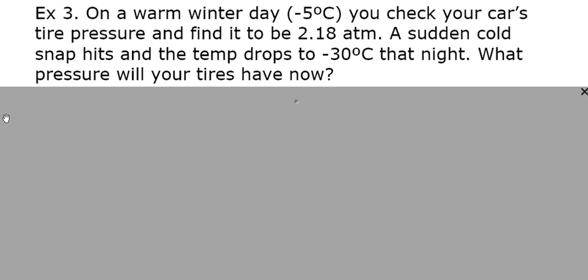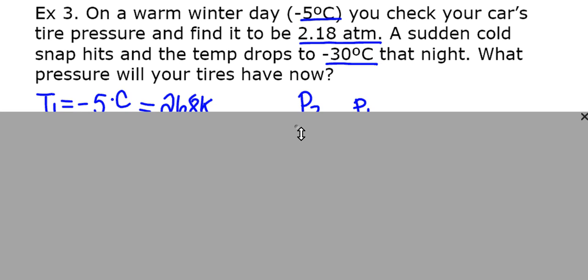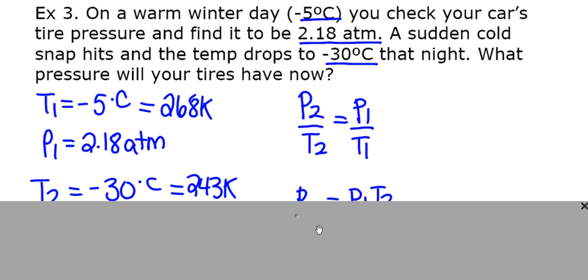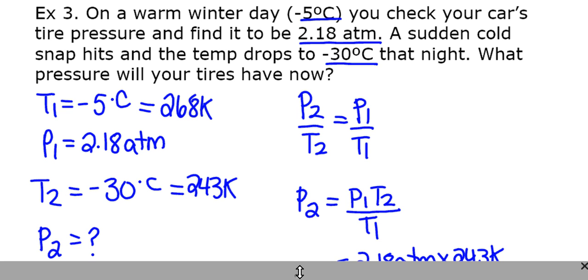So looking at this question, we've got temperatures and pressures. If you're dealing with temperatures and pressures, then you need Gay-Lussac's law. So before we take a look at the question and the actual numerical answers, if we look at our givens, your starting temperature is minus 5 degrees Celsius, which we need in Kelvin, 268.